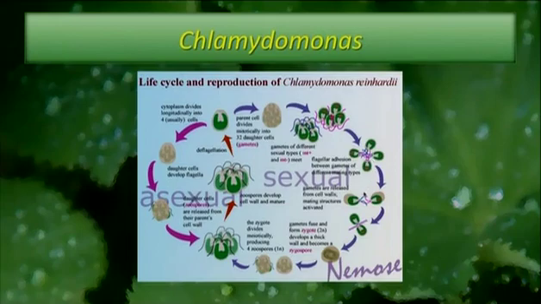Then the two are released from the cell walls and they fuse. The two gametes form a zygote, which is the diploid state. That develops a thick wall and becomes a zygospore. Then the zygote undergoes meiosis, producing 4 zoospores, and then the cycle continues.